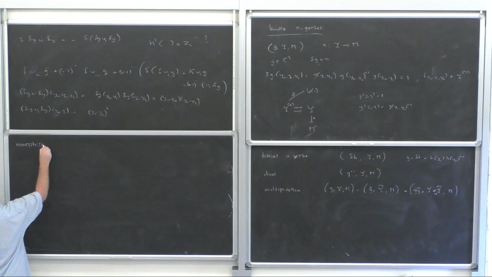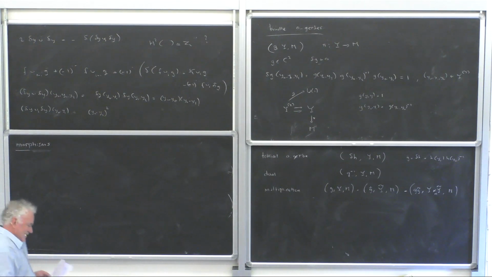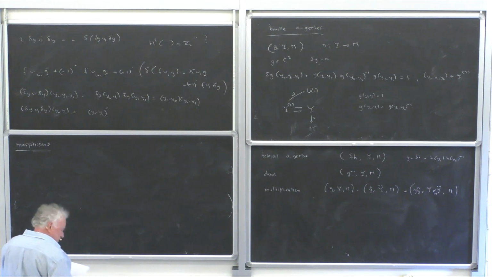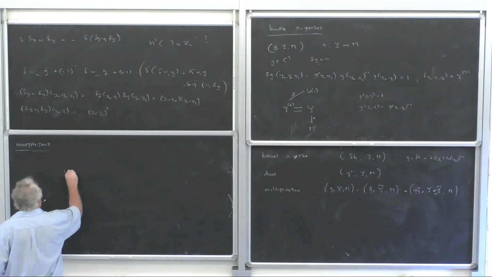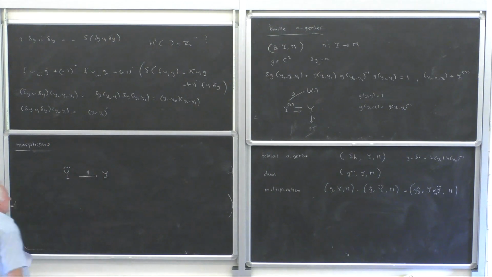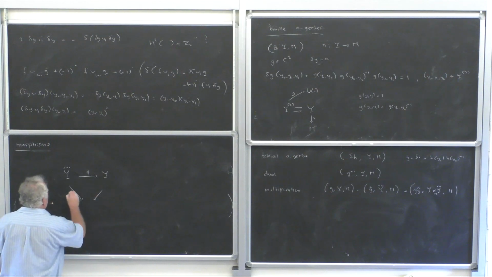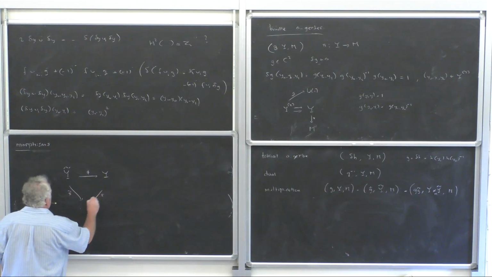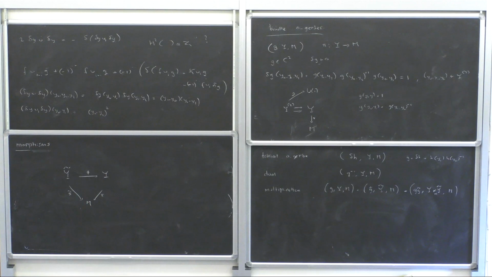I need to talk about morphisms of bundle zero gerbes. A morphism of a bundle zero gerbe is in particular a morphism of surjective submersions, which I introduced two days ago. That's something which makes the following diagram commutative. Again, I always work with smooth manifolds and smooth maps, and I'm not going to mention that every time.